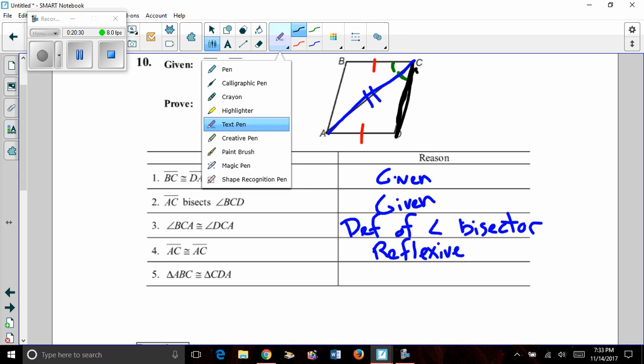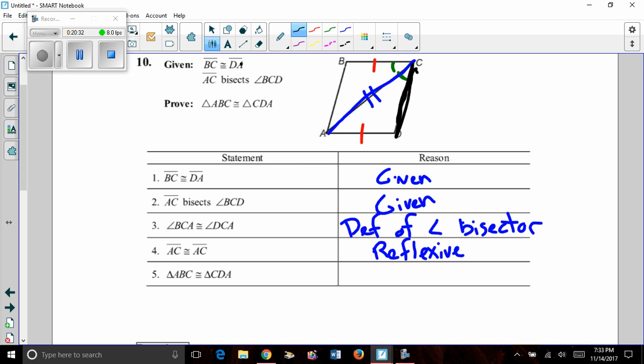I would have edited this to say that this would be CD. Because if that is in fact our congruent side, we have side, angle, side.